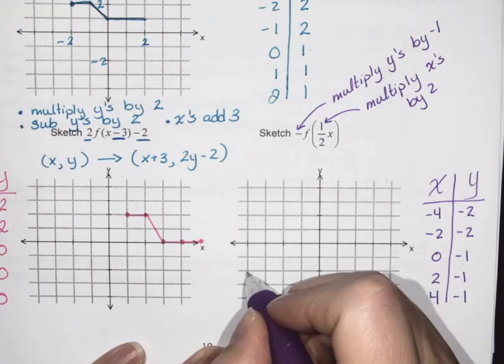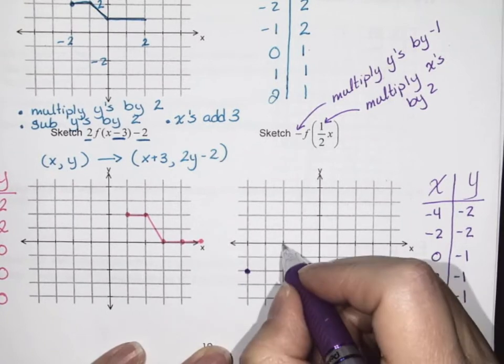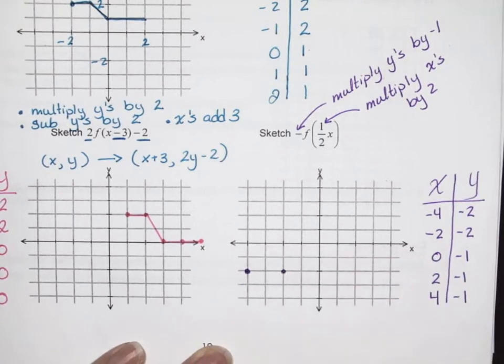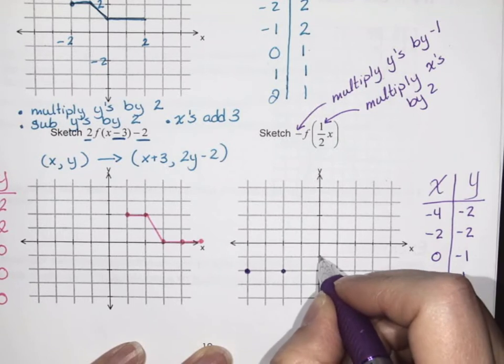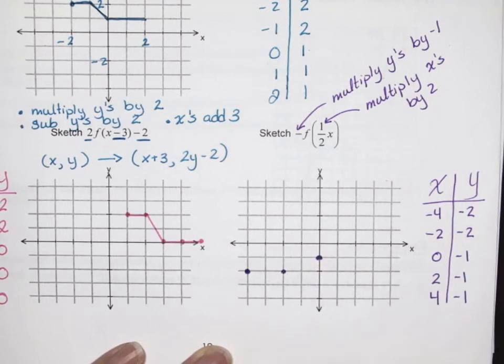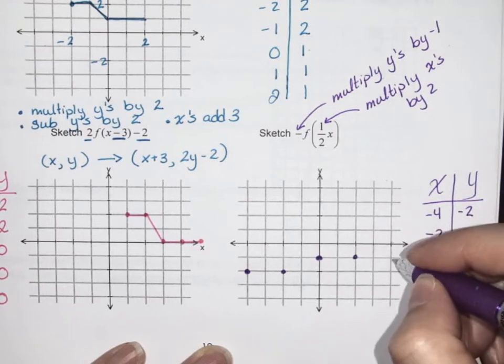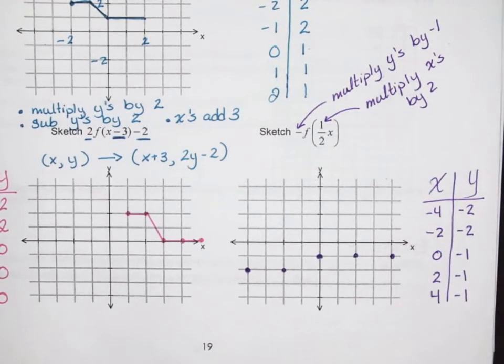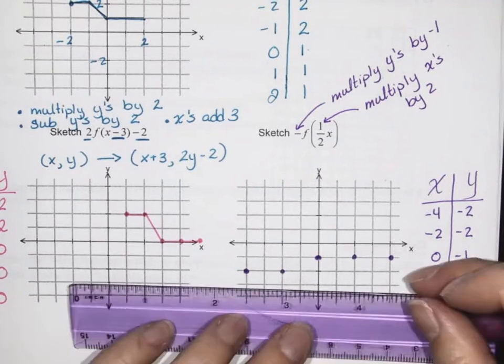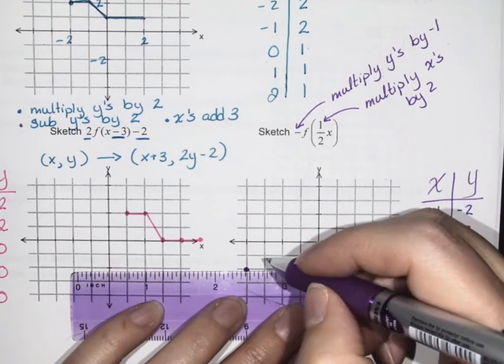So -4 and -2, -2 and -2, 0 and -1, 2 and -1, and 4 and -1. So it did what I thought it was going to do. It was going to be a really stretchy graph.